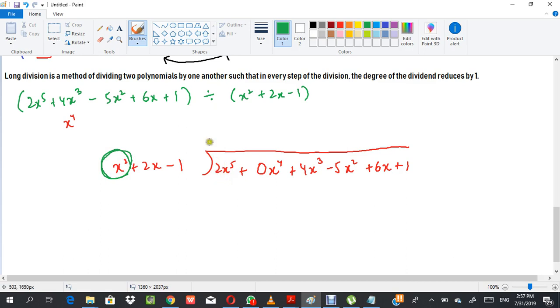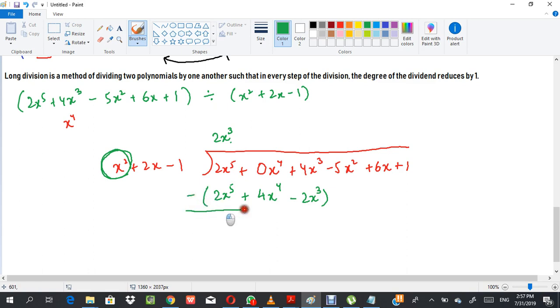This can be done by multiplying x squared by 2x cubed. Now, I'll multiply this 2x cubed by the whole of the divisor, and this is going to give me 2x to the power of 5, add 4x to the power of 4, take away 2x to the power of 3.